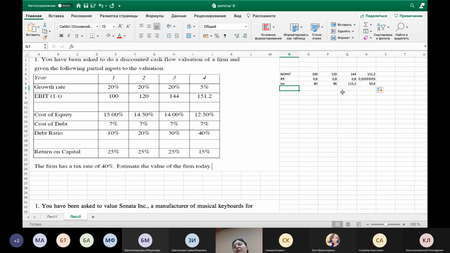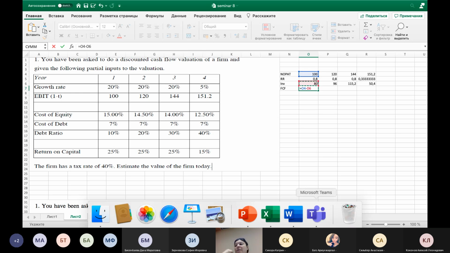And now, if we subtract our investments from our NOPAT, we'll receive our free cash flow. So free cash flow equals our NOPAT minus our investments, as the reflection of our operating activities, our operating cash flow minus our investments.